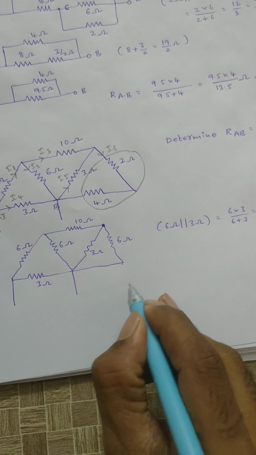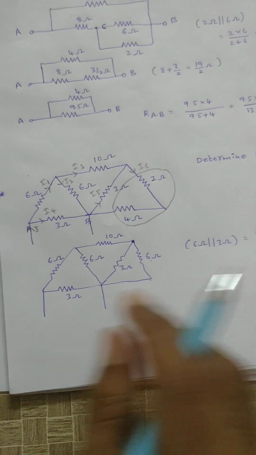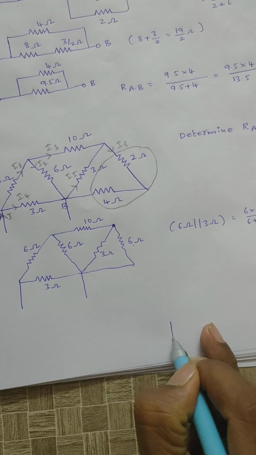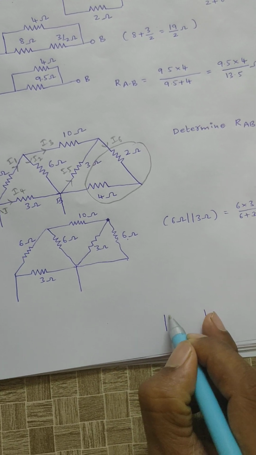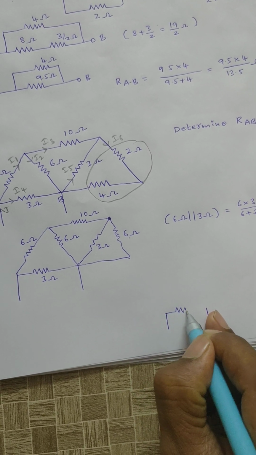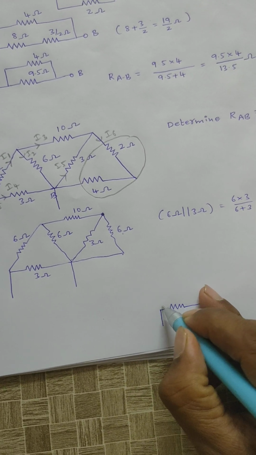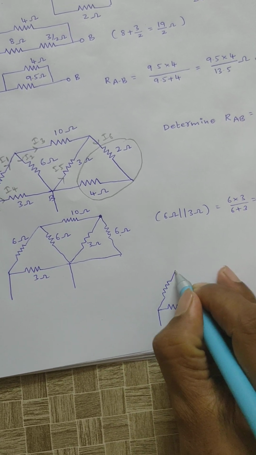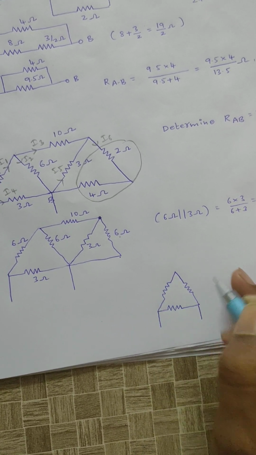right? Then the equivalent circuit will be like this. You will get here one resistor, okay.